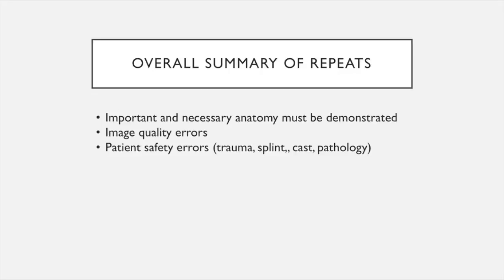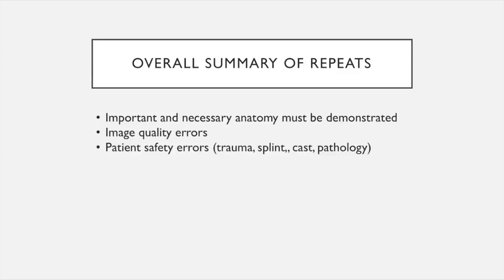That's one of the main reasons why technologists often have to repeat these images, because every patient is different and you have to think about how you can angle the patient or how much to turn the patient towards the board or away from the board to get that necessary anatomy shown on the image.